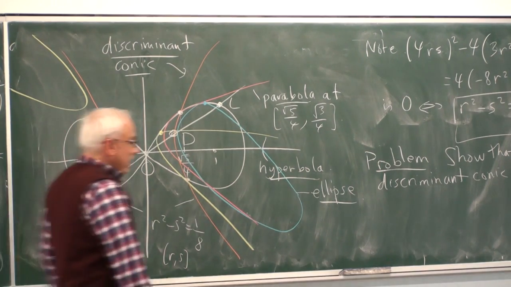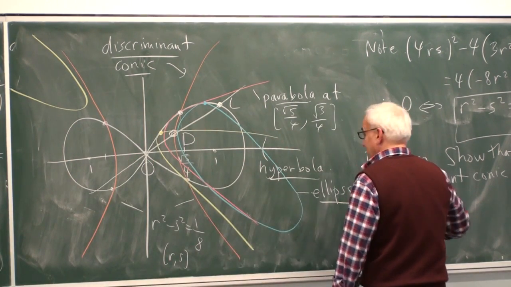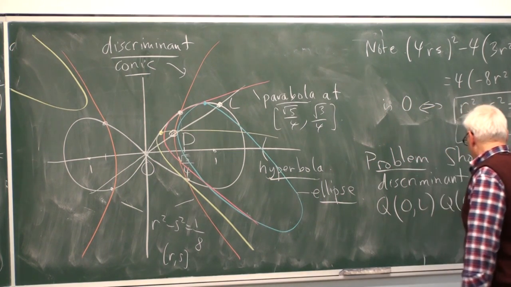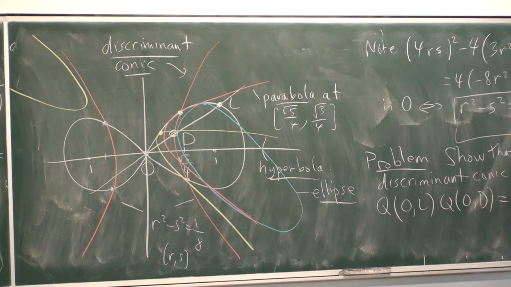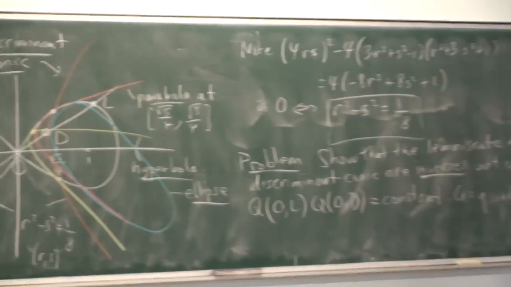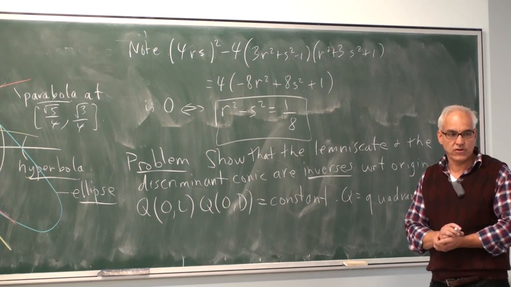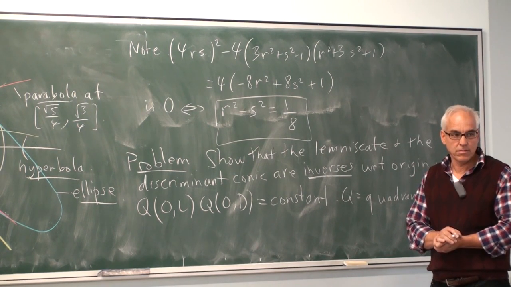Then the statement is that the quadrance between O and L times the quadrance between O and D is constant. Q means quadrance, which is square of distance. Of course, it's also true for distances if you don't mind taking square roots, but we do mind taking square roots, so we're not going to do that. So what we're saying here is that these two curves are inverses with respect to a certain circle centered at the origin.